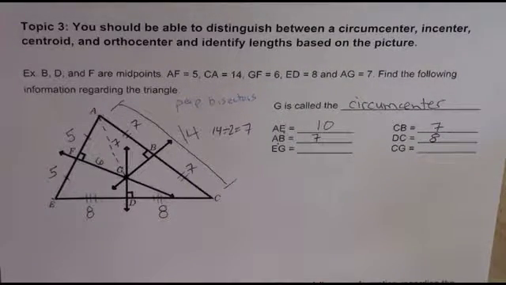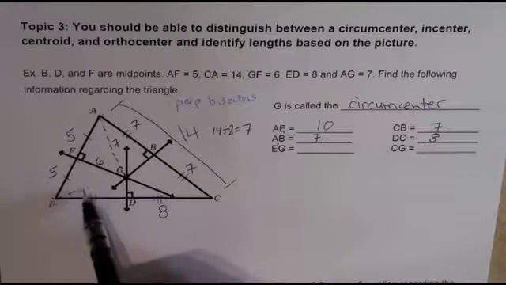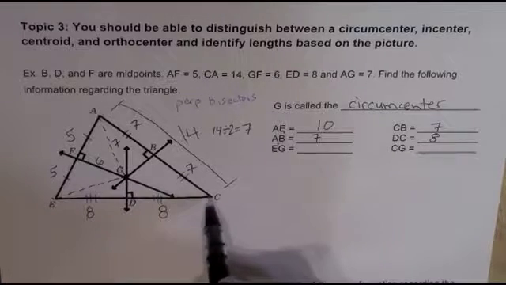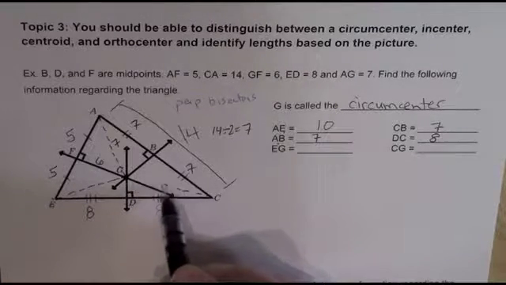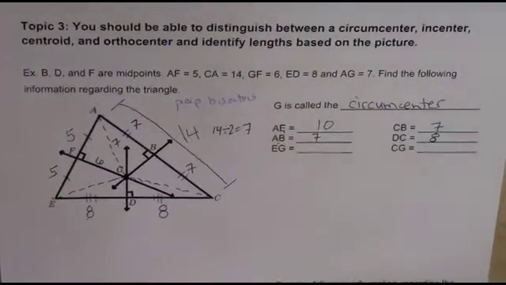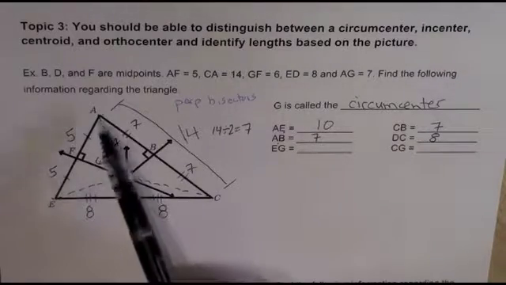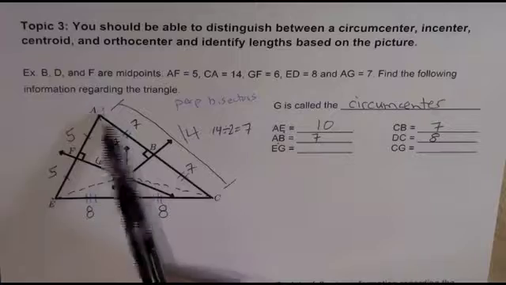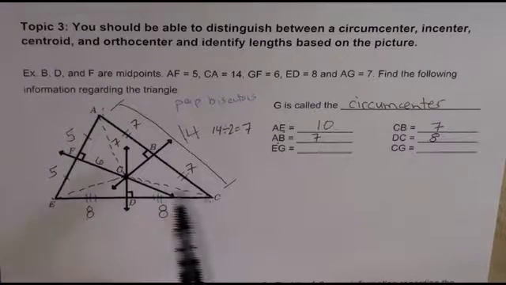EG and CG. Now notice EG is from the vertex to the circumcenter, and CG is also from the vertex to the circumcenter. One of the special things about the circumcenter is that it is equidistant to all three vertices. So the distance from G to A, E, and C are all the same.